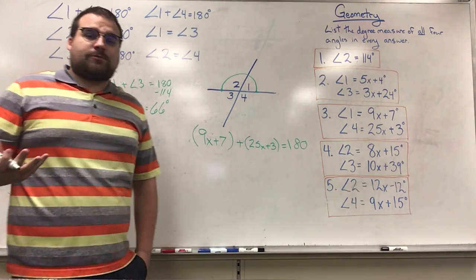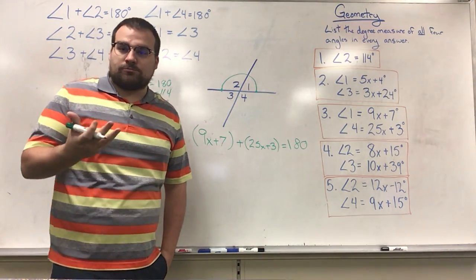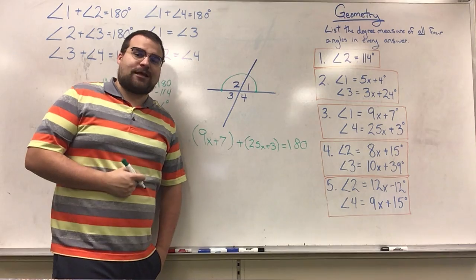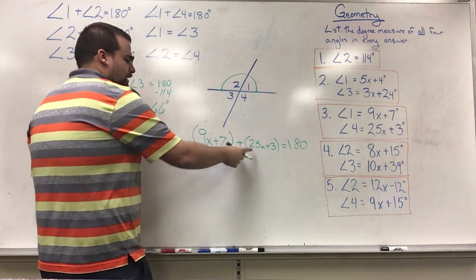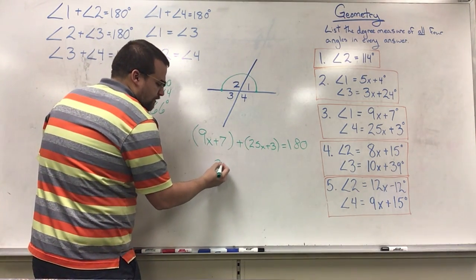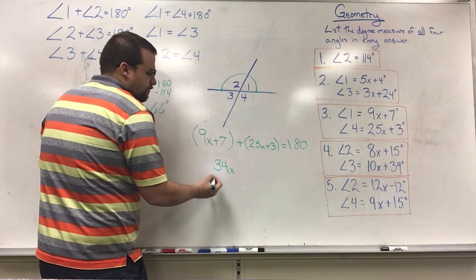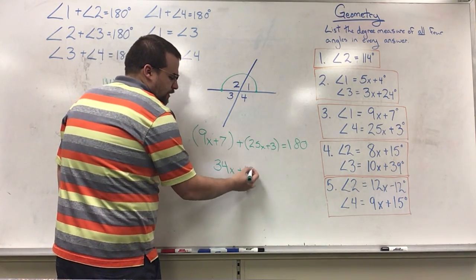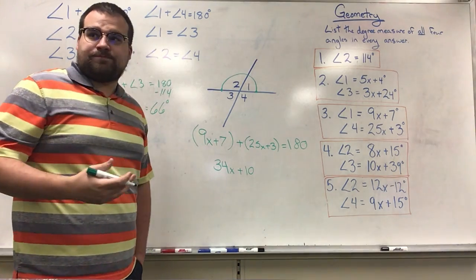So again, we have an algebraic equation here. Some terms we can combine, and we want to get x on its own. 9x and 25x can combine to be 34x, and then 7 and 3 can combine to make 10.